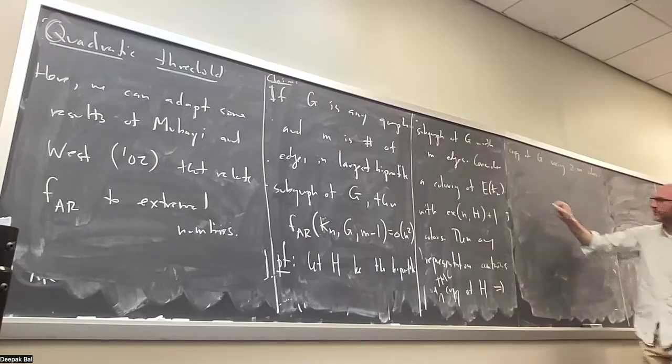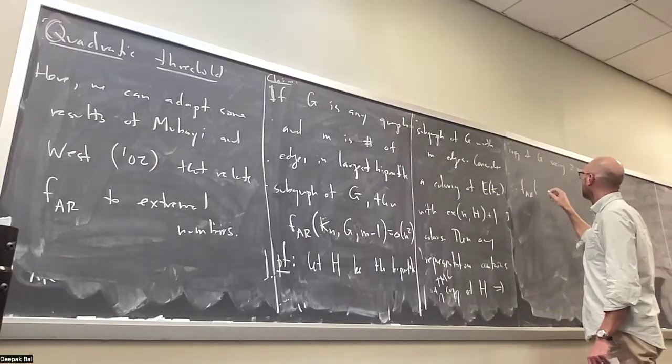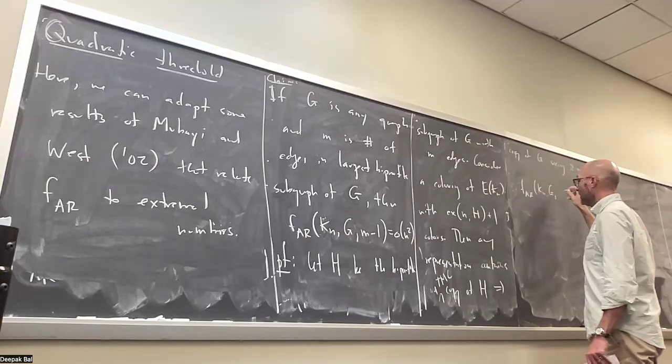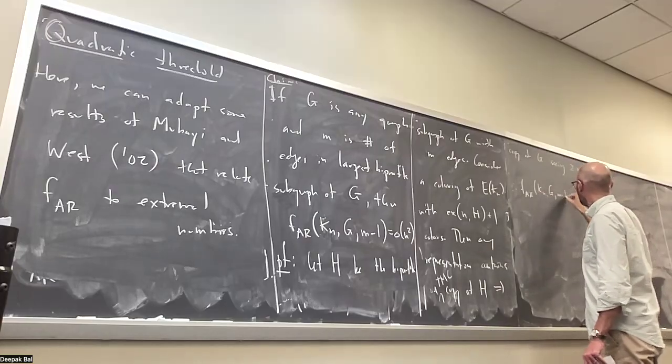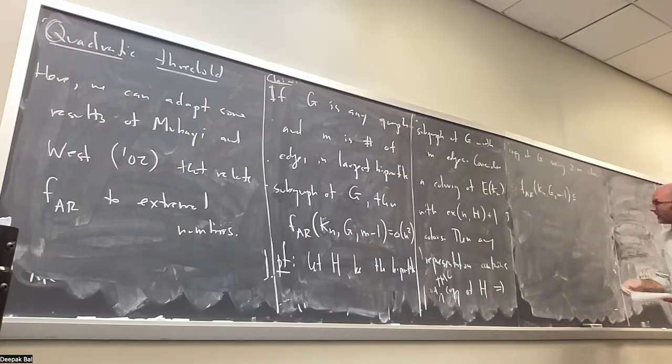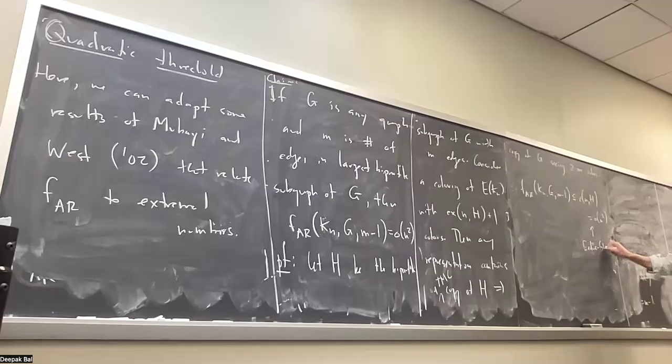And so therefore we get that the Ramsey-type number of K_n, G, M minus 1 is at most one less than the number of colors that we use. Since H is bipartite, that gives us subquadratic. Cool. And you can use extremal numbers to get upper bounds as well. There's a little bit more work you need to do, but that's the gist.